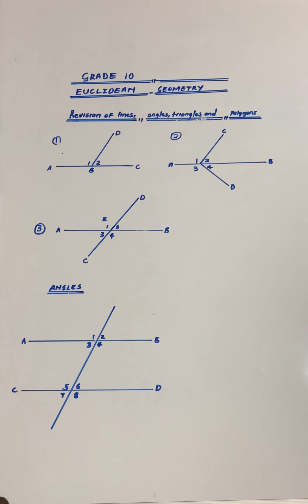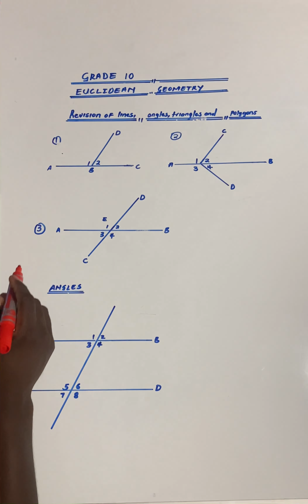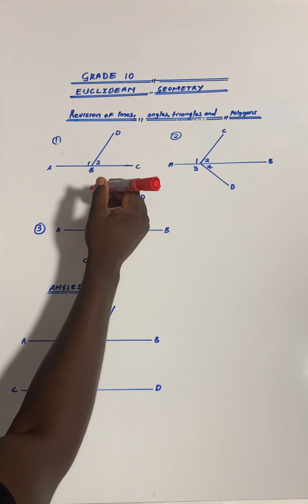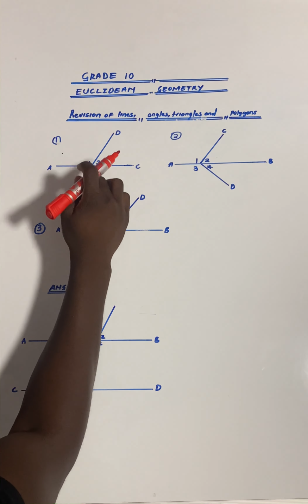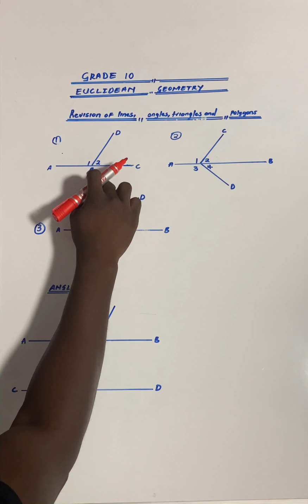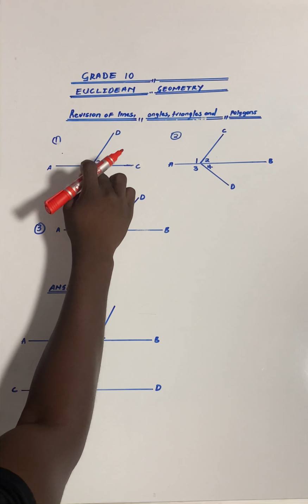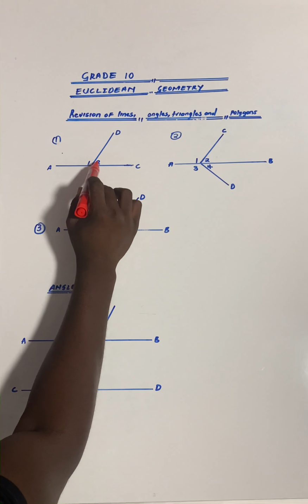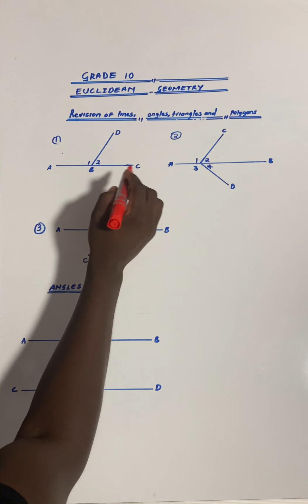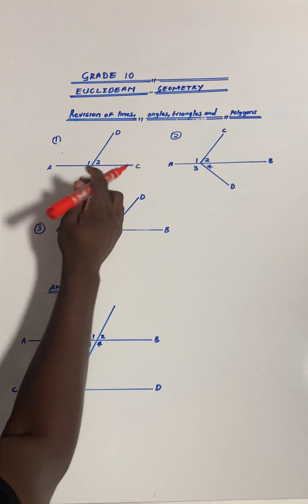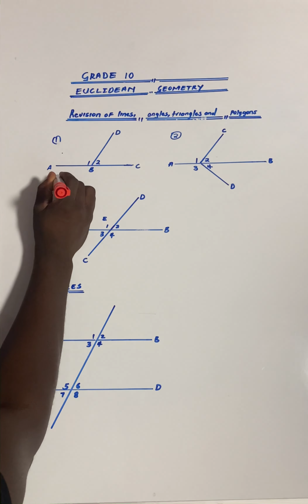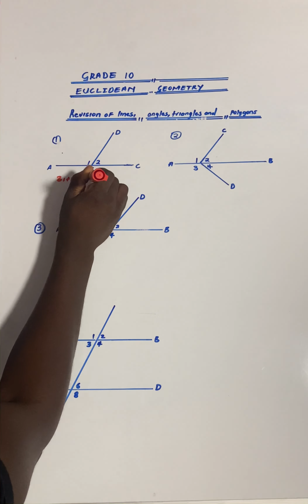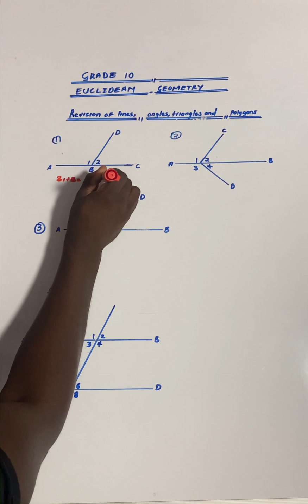On the first one, we are dealing with angles on a straight line, or what happens when we have a straight line. The first thing we must know is that adjacent angles on a straight line, and adjacent simply means next to each other, in this case, since we have B, it means that B1 plus B2 equals 180 degrees.